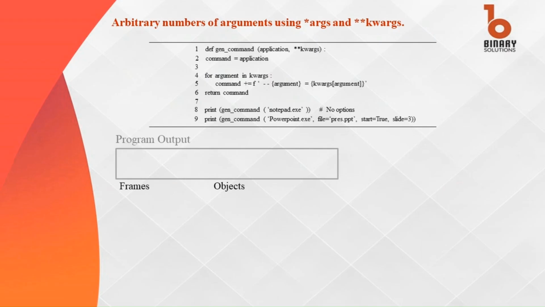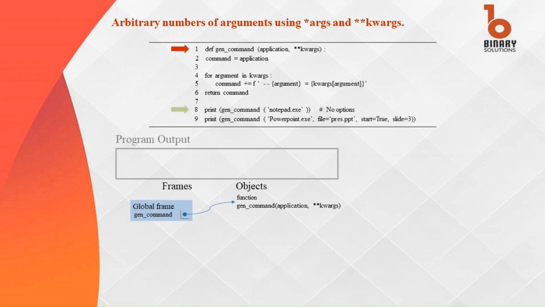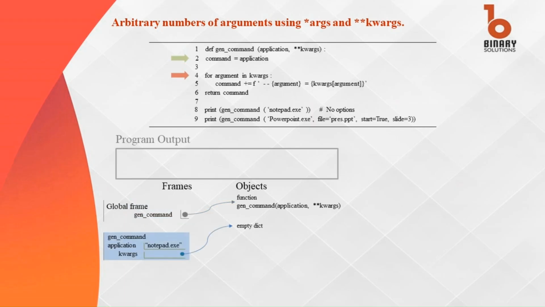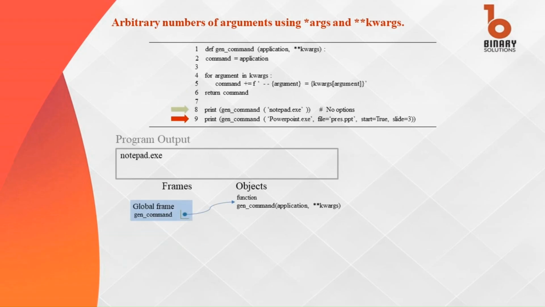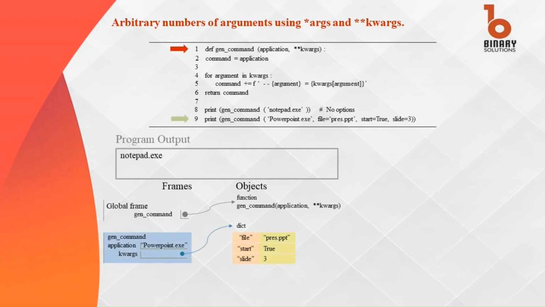This program demonstrates the use of both asterisk args and double asterisk kwargs to handle arbitrary numbers of arguments in a function. The function gen command constructs a command string for a given application. It accepts a required positional argument, application, which specifies the name of the application, and a variable number of keyword arguments via double asterisk kwargs.